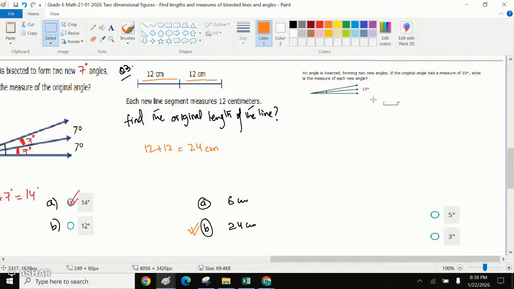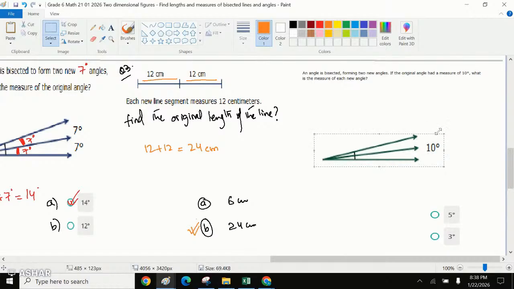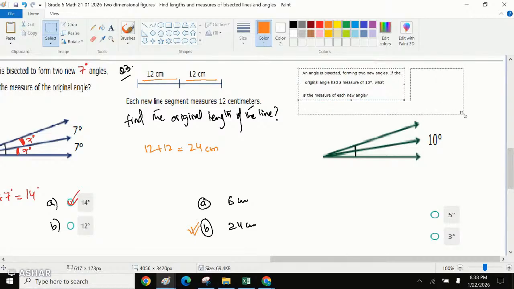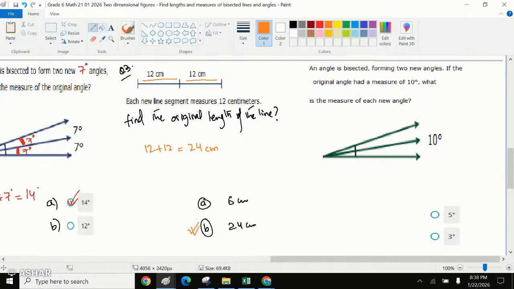If this was the angle that is given to us, question number 4 says an angle is bisected, forming two new angles. If the original angle had a measure of 10, what is the measure of the new angles, option number A or option number B?